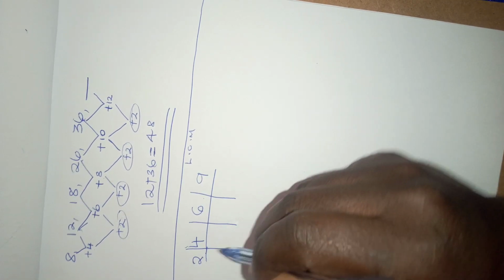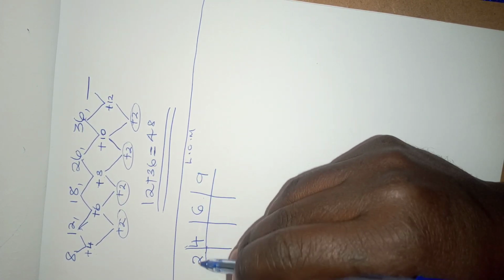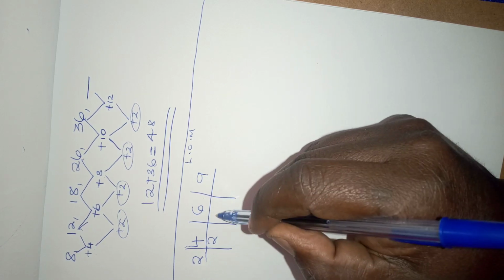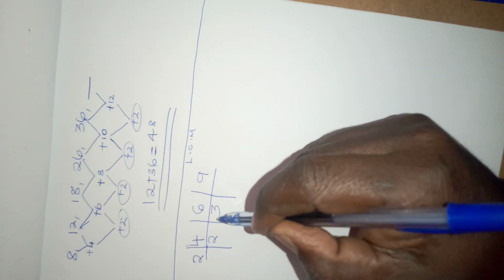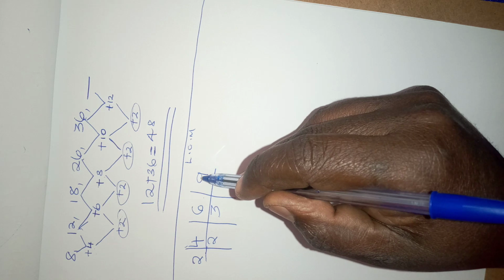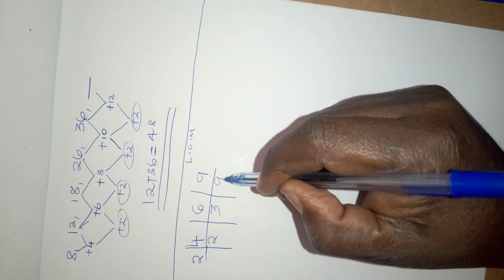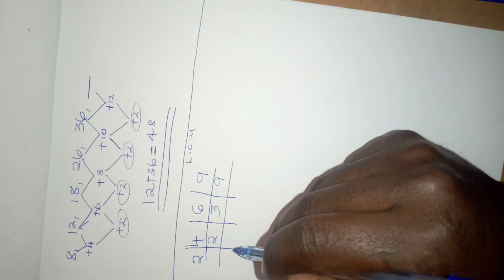So we try 2, and for sure 4 divided by 2 is 2, and 6 divided by 2 is 3, but 9 cannot be divided by 2, so we leave 9 as it is.